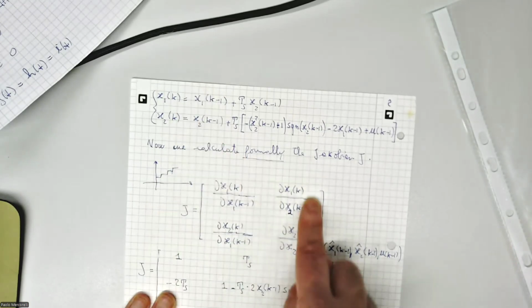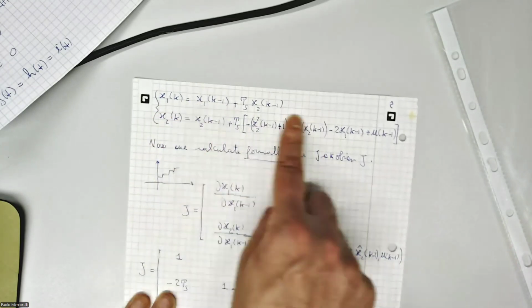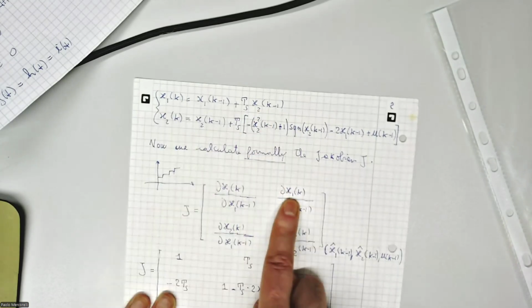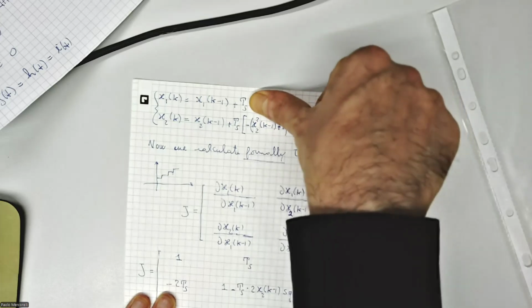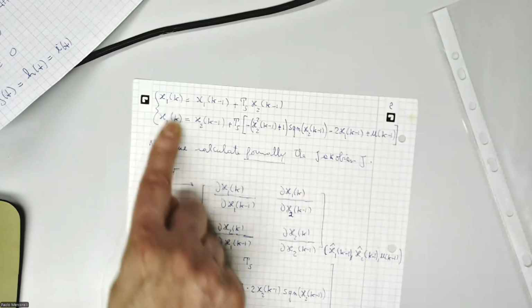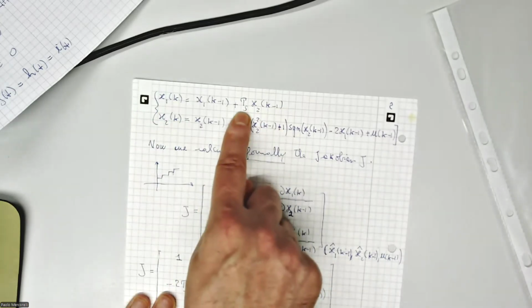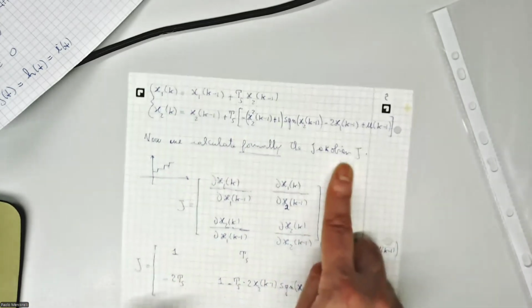Because this element here is basically this long expression, which is x1 of k with respect to x2 of k minus 1. This means TS. The derivative of this expression here, which is x1 of k with respect to x2 of k minus 1, is TS.